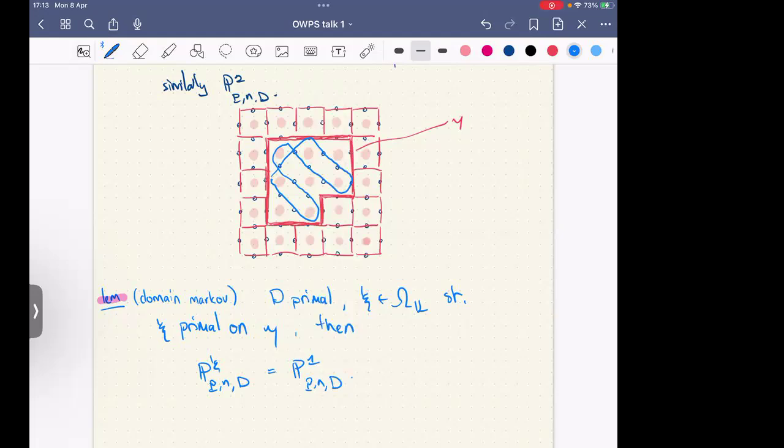Okay, and then a similar statement holds for dual. All right, this is proof by picture again. It's that, well, you have an exact bijection just by not doing anything to the mirrors, and then because the loops cannot escape this gamma, the weight of each configuration is the same. Okay, and we'll use this a lot.